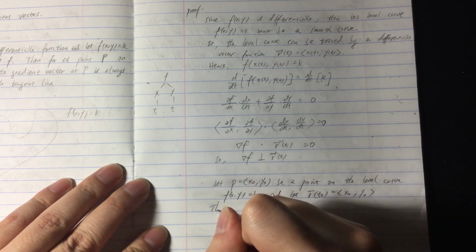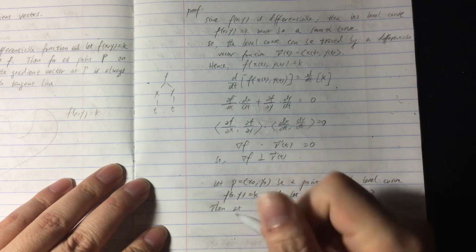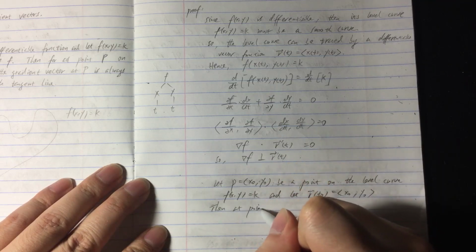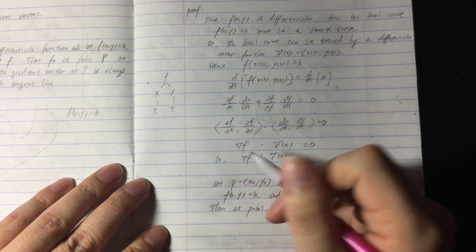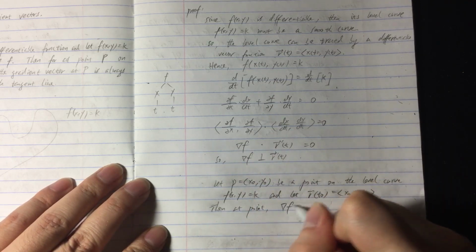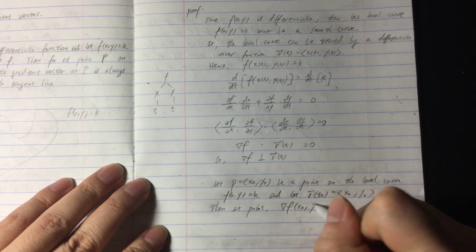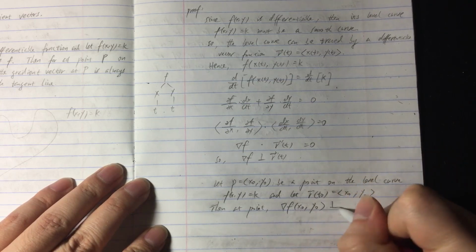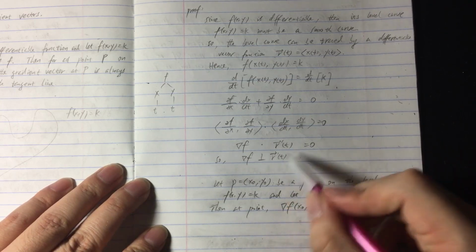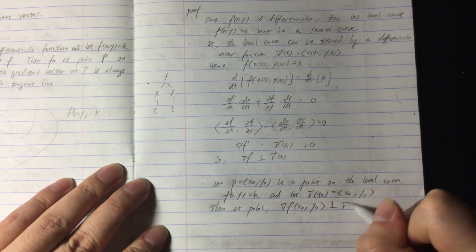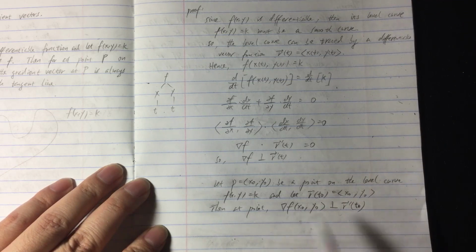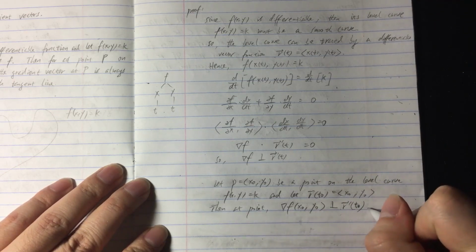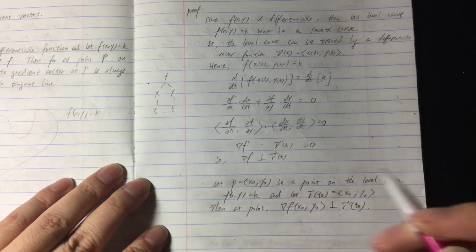Then at point P, I can plug x0, y0 into the gradient vector, and I plug t0 into the tangent vector. Then the gradient vector must be perpendicular to the tangent vector at point P, since they are perpendicular everywhere.